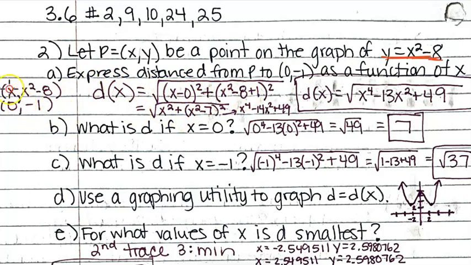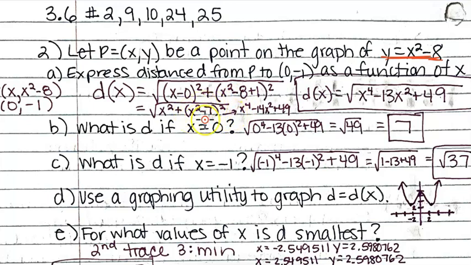So here's my work. x minus 0, square it. x squared minus 8 minus -1. Minus negatives become pluses. So this actually becomes x squared minus 7, squared. So then I had to simplify. I drew a little arrow here.